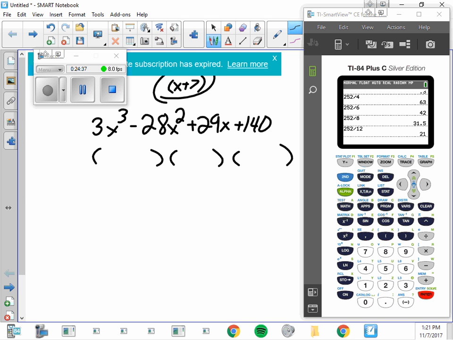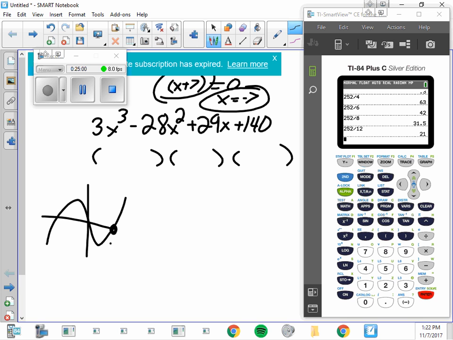Well, right, x plus 7, we set it equal to 0, and we get x equals negative 7. What does negative 7 tell us? Where does the graph hit the x-axis at negative 7? So really what we're saying is, if we were to graph this function, does it hit at x equals, oh sorry, wrong side, x equals -7.